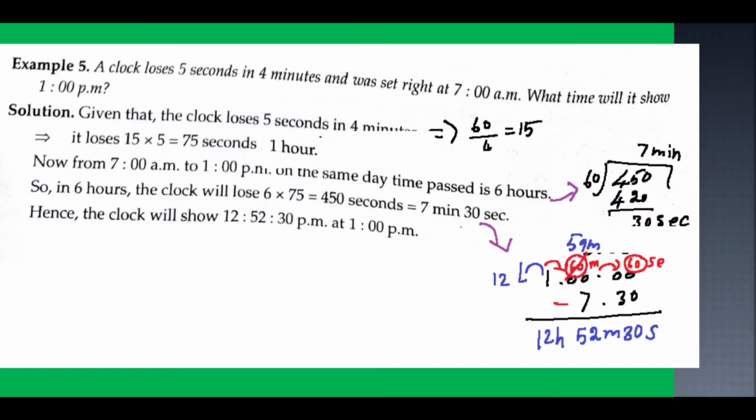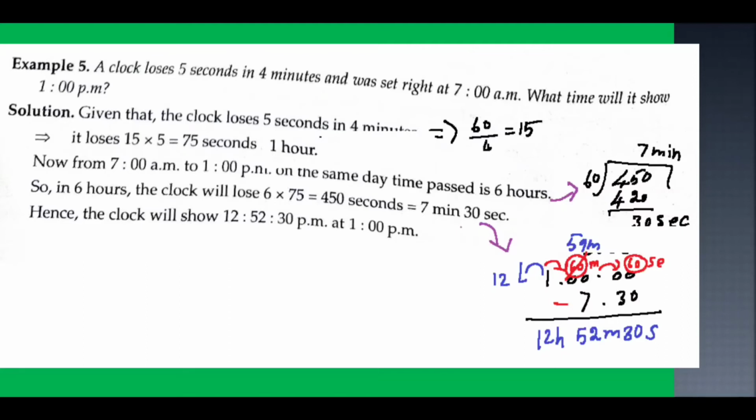75 seconds per hour. So now from 7 a.m. to 1 p.m. the time passed is 6 hours. In 6 hours the clock will lose 6 into 75, that is 450 seconds. When we are converting the seconds into minutes, we will get 7 minutes 30 seconds.